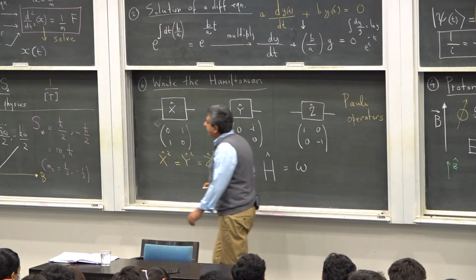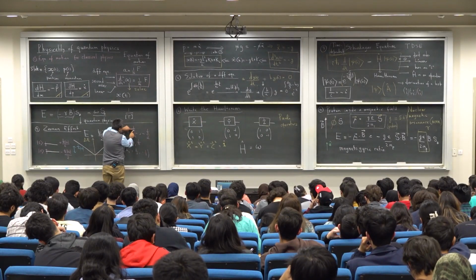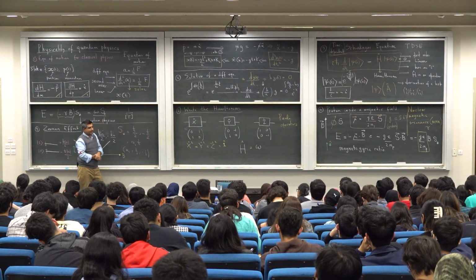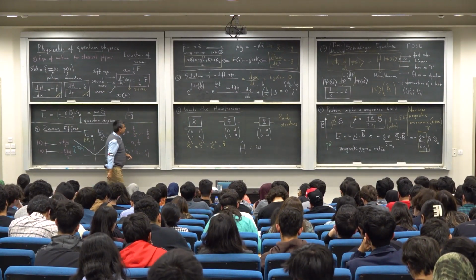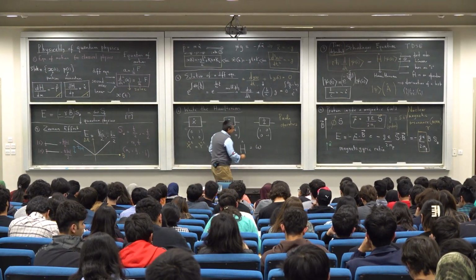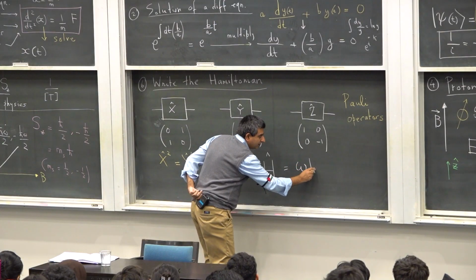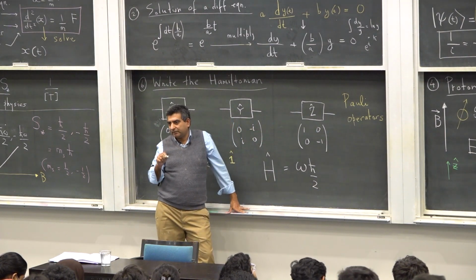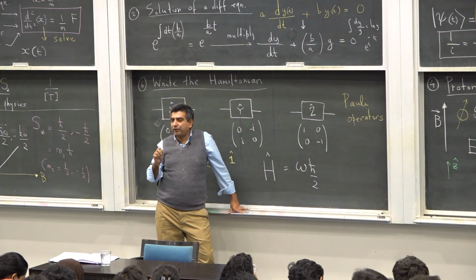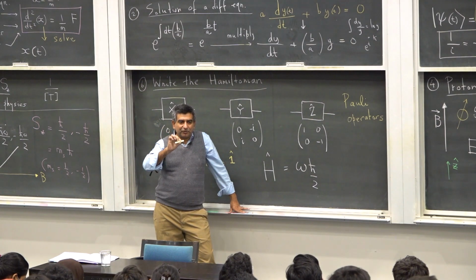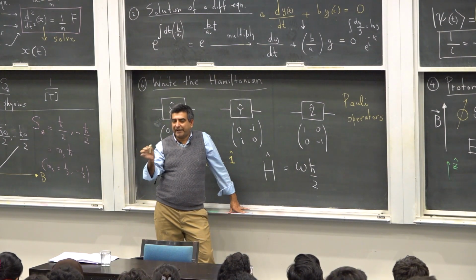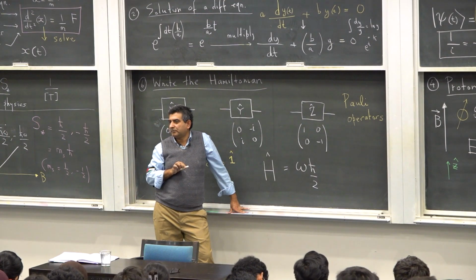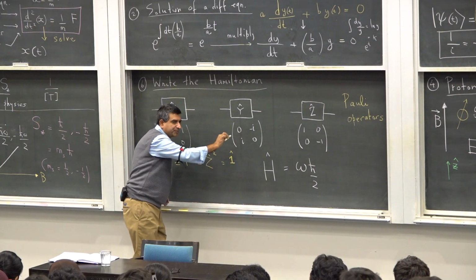Now Sz can take up these values: h bar over 2 and minus h bar over 2. So I can have a value h bar over 2 with a plus sign or a minus sign. Now in order to incorporate that plus sign or minus sign, I need to put in a matrix. Which matrix do I choose from these options?